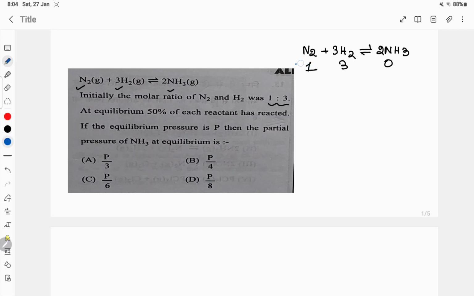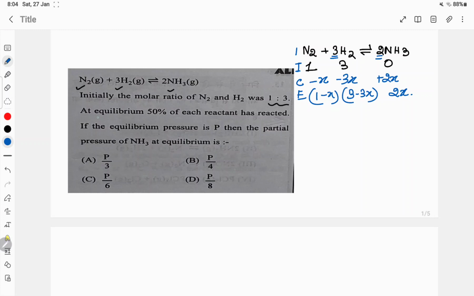So similarly here, you can construct the ICE table. So let's write the changes here. 2, so 2x plus; 3, so minus 3x; 1, so minus x. So E is equal to I plus C: 1 minus x, 3 minus 3x, and 0 plus 2x is 2x. Okay, these are the moles at equilibrium.